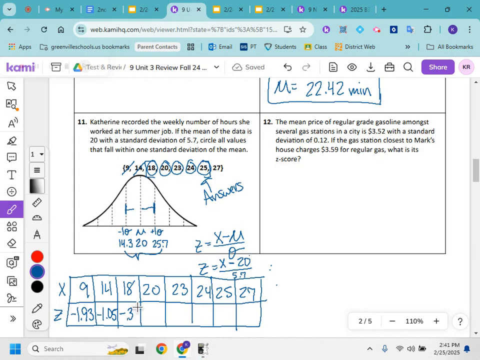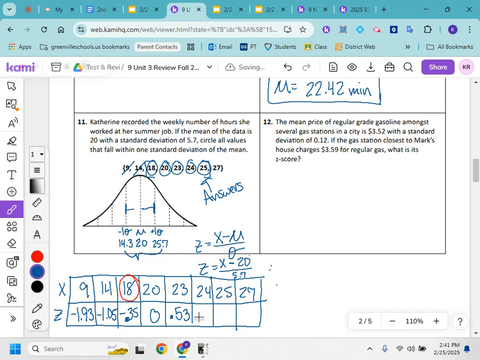Okay, that's the first one within one standard deviation. I can keep going, you would just keep doing what I did. 20 minus 20, well that's 0. 23 minus 20 divided by 5.7. That's 0.53.